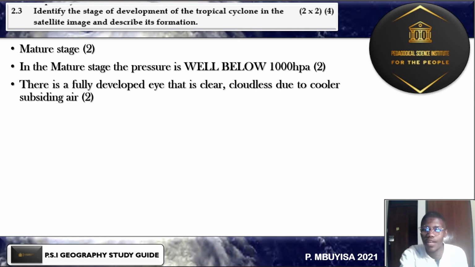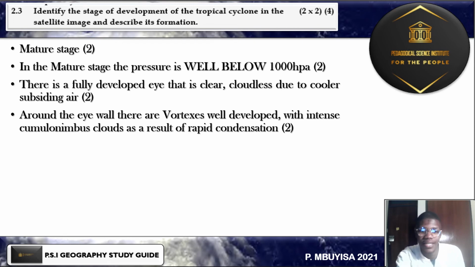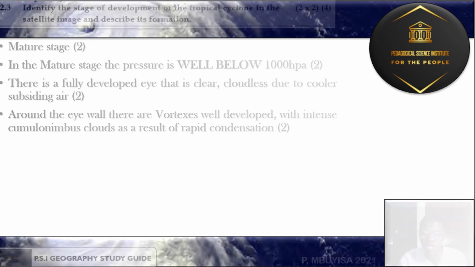There is a fully developed eye that is clear, cloudless due to cooler subsiding air that warms adiabatically. We have around the eye wall, we have vortexes well developed with intense cumulonimbus clouds as a result of rapid condensation of air. 2.4.